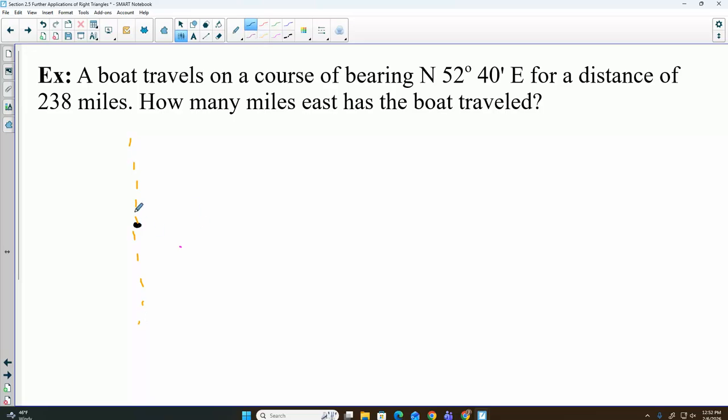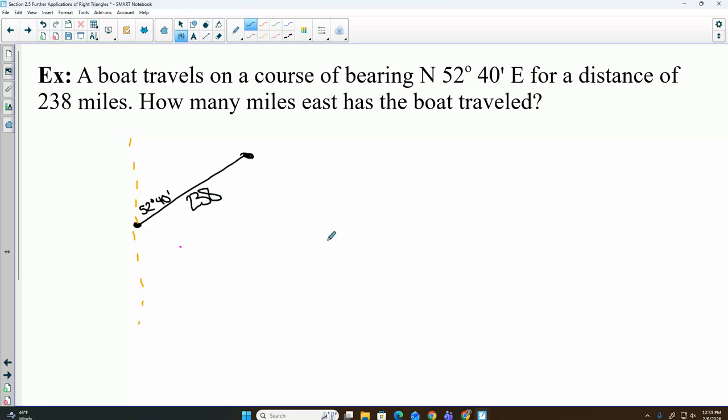And then we have to go northeast. And this angle that was formed is 52 degrees 40 minutes. And we're traveling that for a distance of 238 miles.